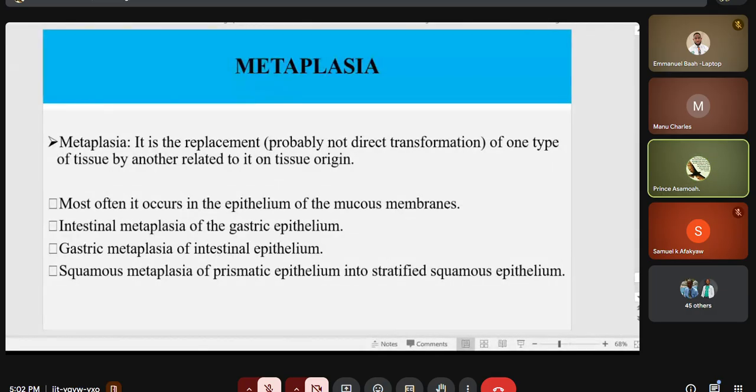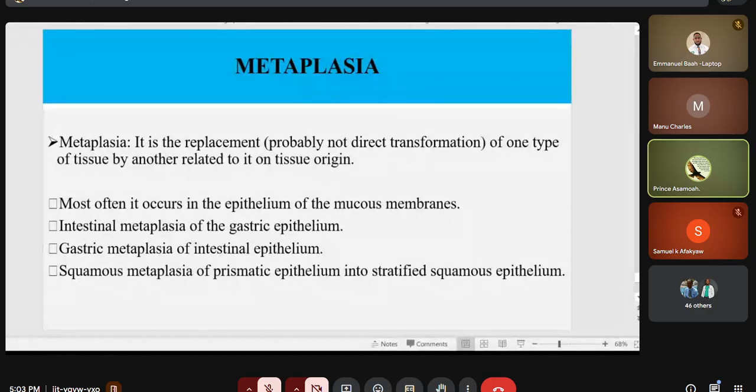Just as you are talking about the stomach moving into the intestine, or the intestine into the stomach. For endometriosis, we know that the origin is the uterus.